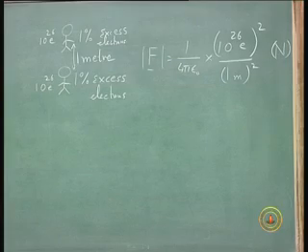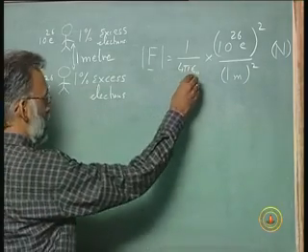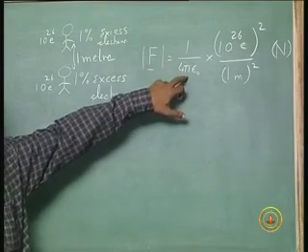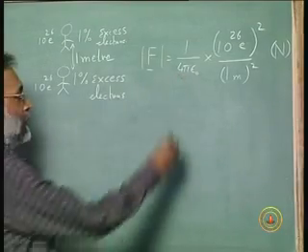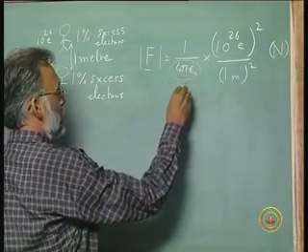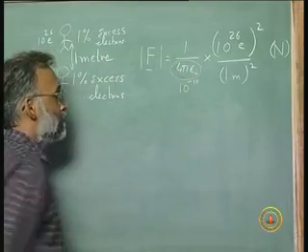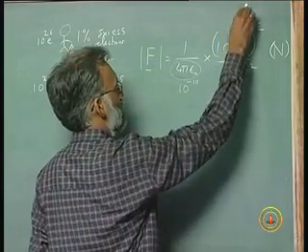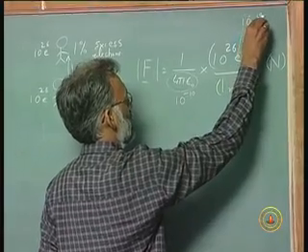Okay. We already know what epsilon is. Epsilon is 8.8 into 10 to the minus 12, 4 pi is 12. So, if you combine the two, this is around 10 to the minus 10. Charge of the electron is 10 to the minus 19 coulombs.